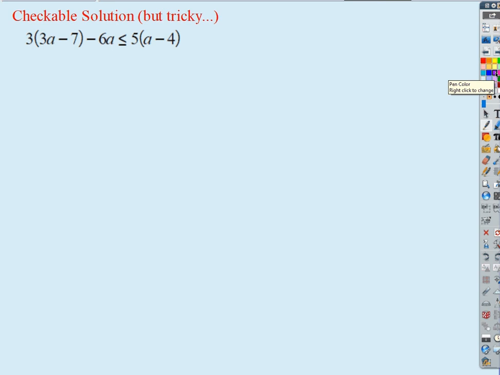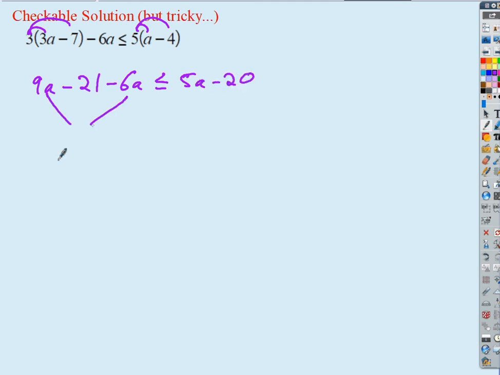Distribute. So I distribute the 3. That gives me 9a minus 21 minus 6a is less than or equal to, if I distribute the 5, there we go, good. So I can combine 9a minus 6a, 3a, minus 21 is less than or equal to 5a minus 20. Push the a's where?